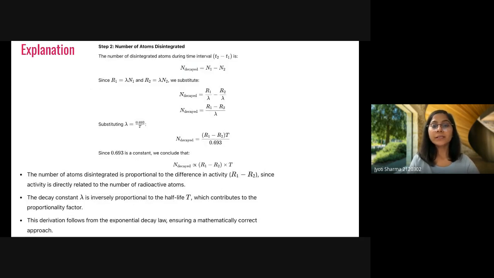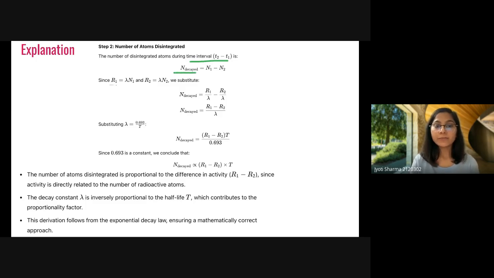Then, we need the number of atoms disintegrated during the time interval T2 minus T1, as asked in the question. This will be N1 minus N2.